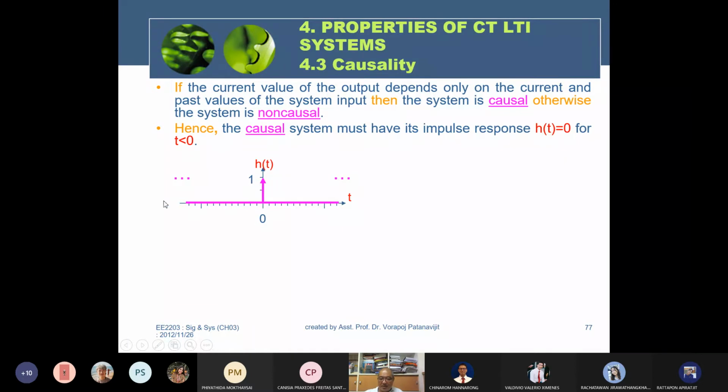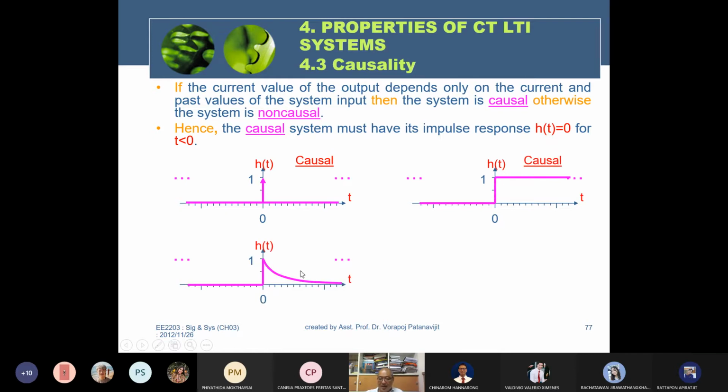If h(t) is 0 there, it means the system is causal. In this case, h(t) is causal, but it's not only causal, it's memoryless too. Next one, s(t): for time less than 0 it is 0, therefore it's causal, but even though it's causal, it has memory.